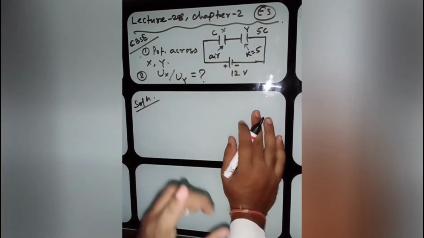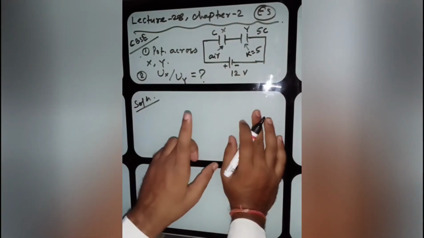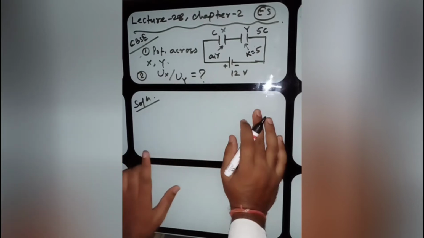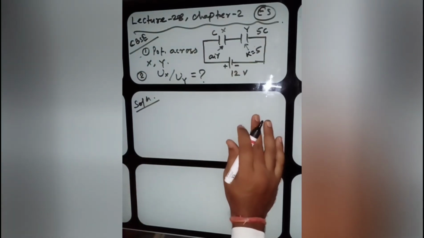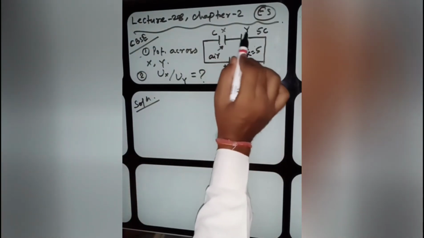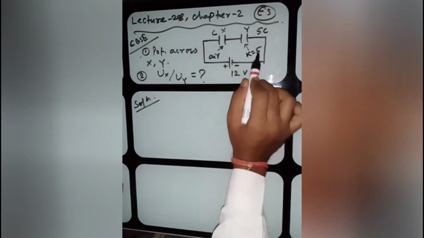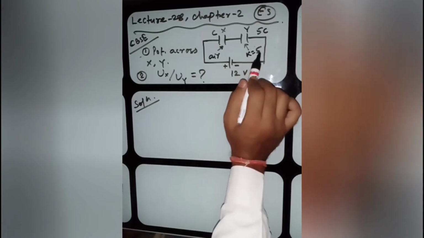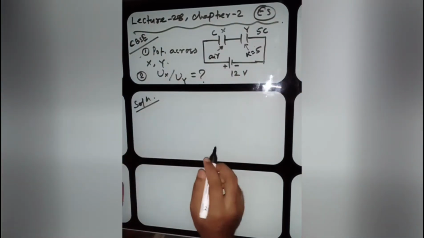Yes. As we have studied, if a dielectric is introduced, then capacitance increases by K times. The dielectric constant is 5, so the capacitance will be 5C.